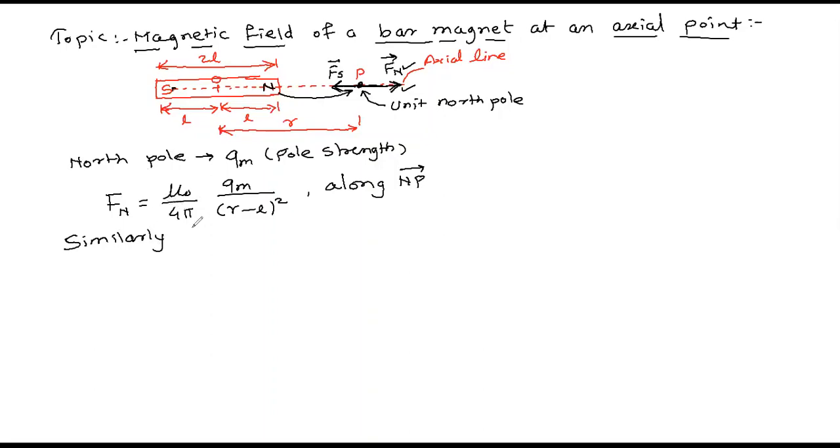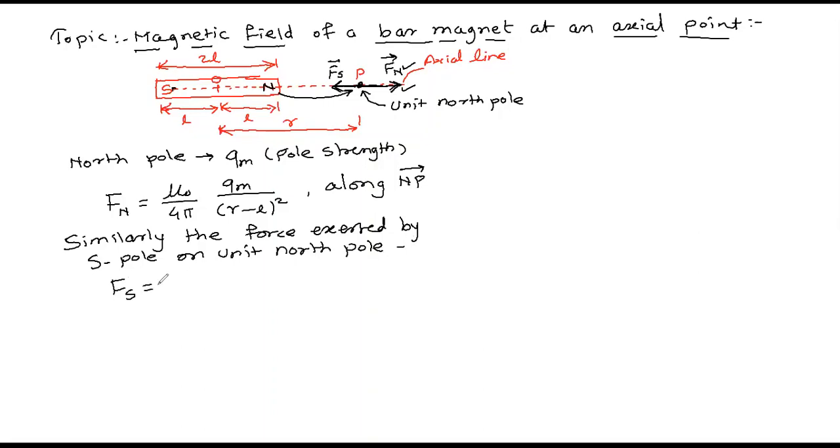Similarly, the force exerted by the south pole on the unit north pole is given by Fs equal to mu0 upon 4 pi, Qm upon (r plus L) whole square.